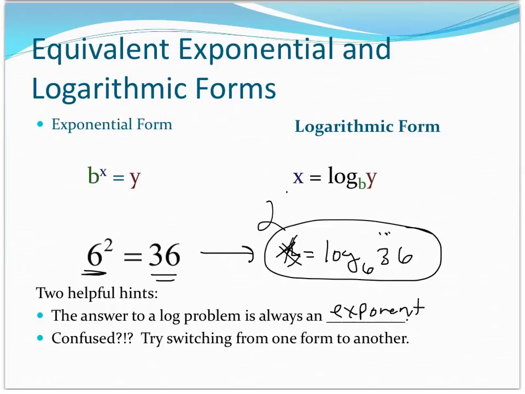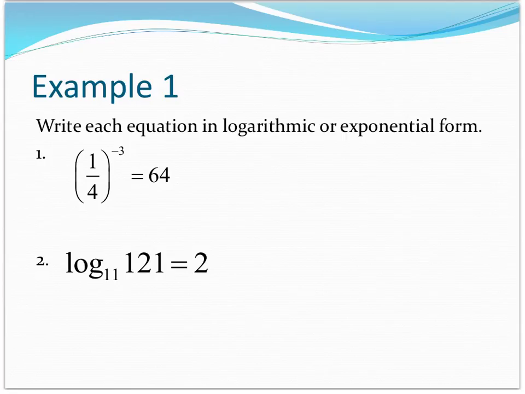And if for any reason you're looking at one form or another and it doesn't make sense, the best way to start trying to figure out the problem is to convert from exponential to logarithmic or logarithmic to exponential and see if that jars something where you maybe see a solution. So we're going to go ahead and write each equation in logarithmic form, or exponential form.